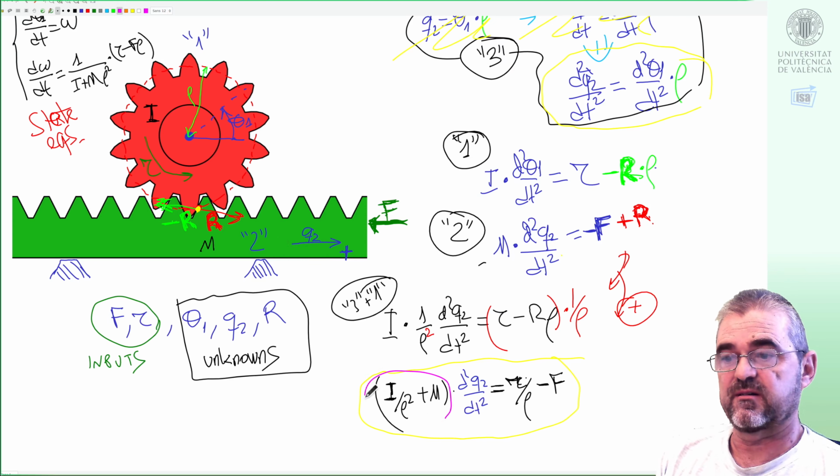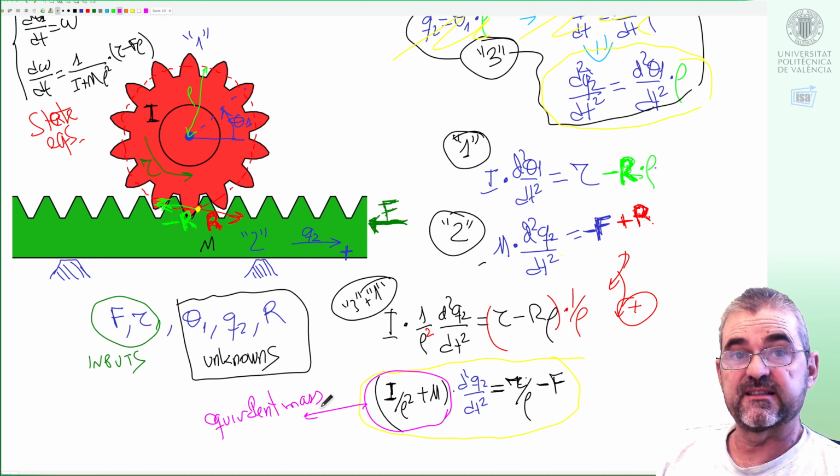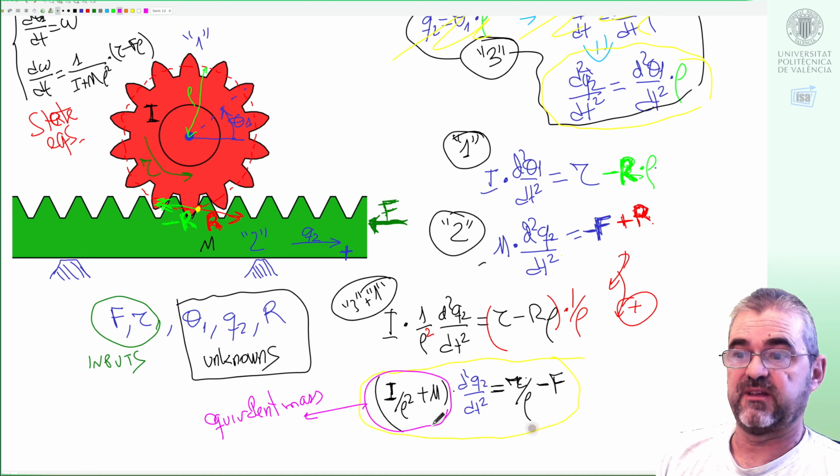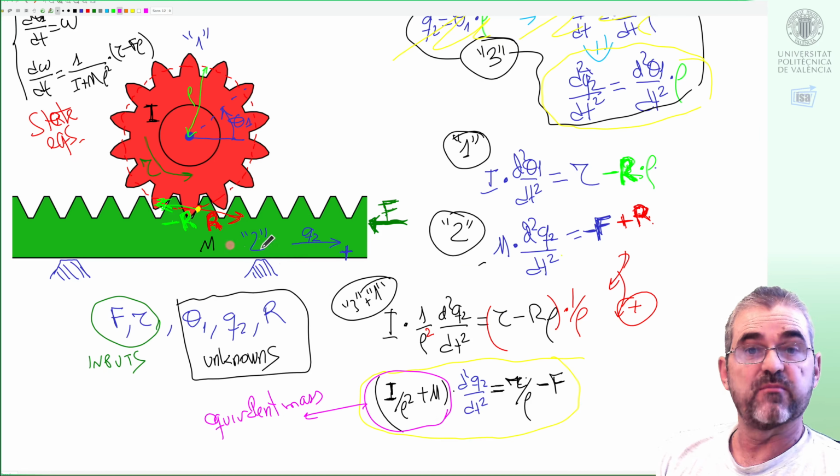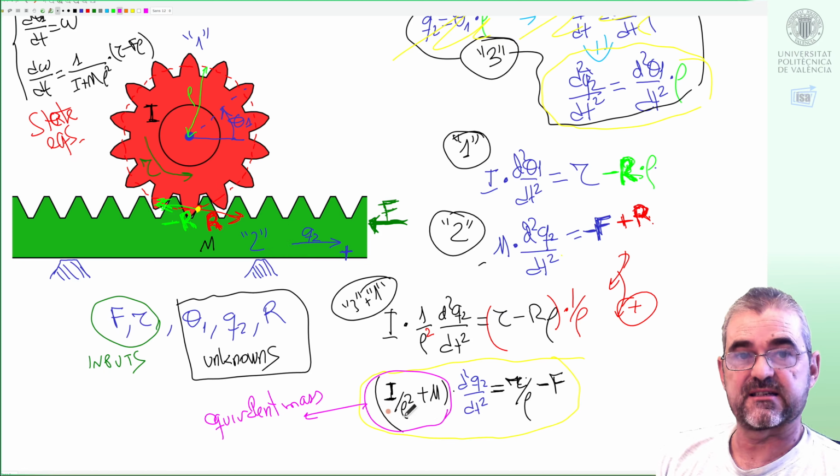So this thing here will be the so-called equivalent mass, because it's what multiplies the linear acceleration of the green body. Then the green body feels the torque divided by the radius, and somehow the overall mass and inertia combine so that this overall system acts as if it were a single green body with a little more mass, adding moment of inertia divided by square radius.